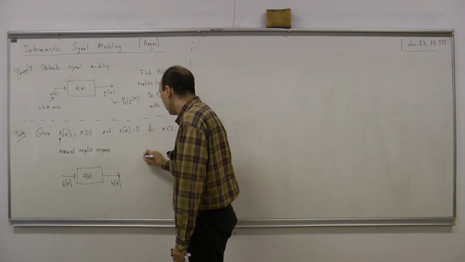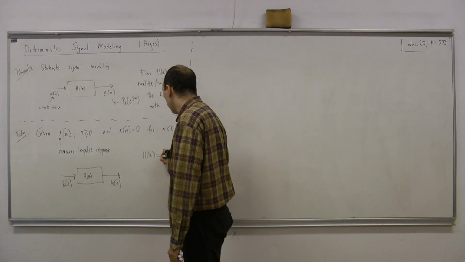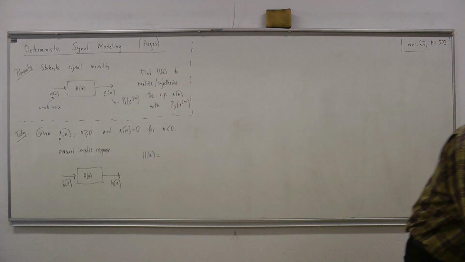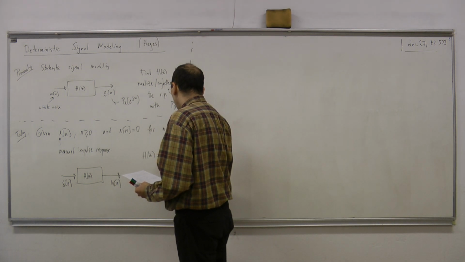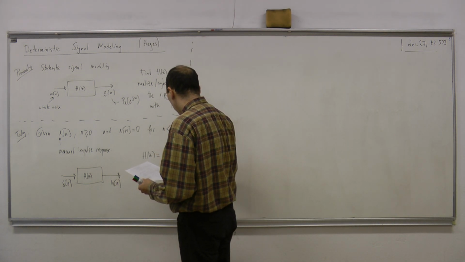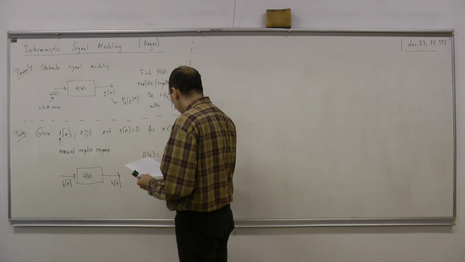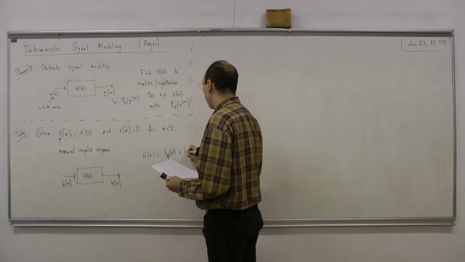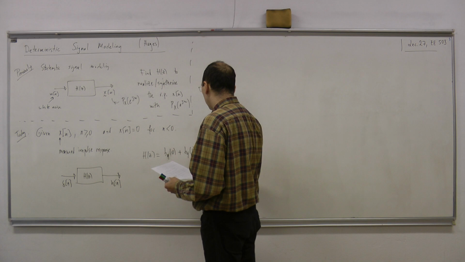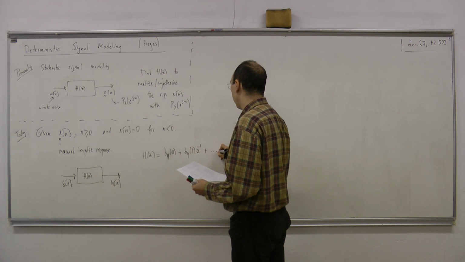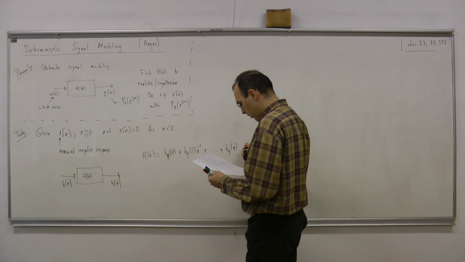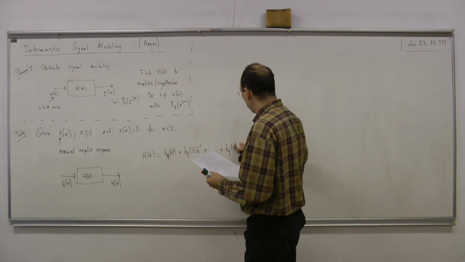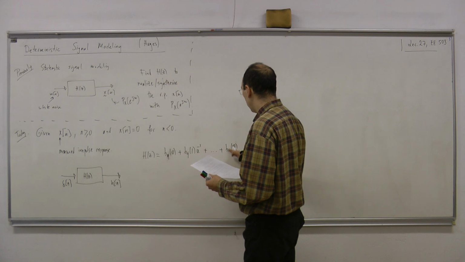So what is H(z) over here? H(z) is, let me see, what is our notation? I have b_q(0) plus b_q(1) z^{-1} plus up to b_q(q) z^{-q}, divided by 1 plus a_p(1) z^{-1} and so on up to a_p(p) z^{-p}. This is capital Q, I guess, for visibility.